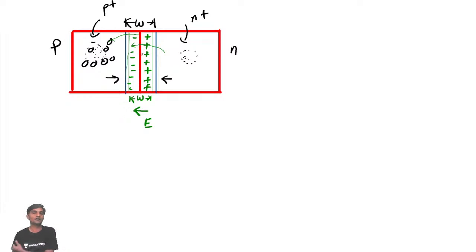Now, what happens, sir? This electric field will take out the charge carriers present in the covalent bond, let's say electrons. The electrons present in the covalent bond will come out. Because of the attraction force, there will be a rupture of the bonds. The two covalent bonds will have a rupture.